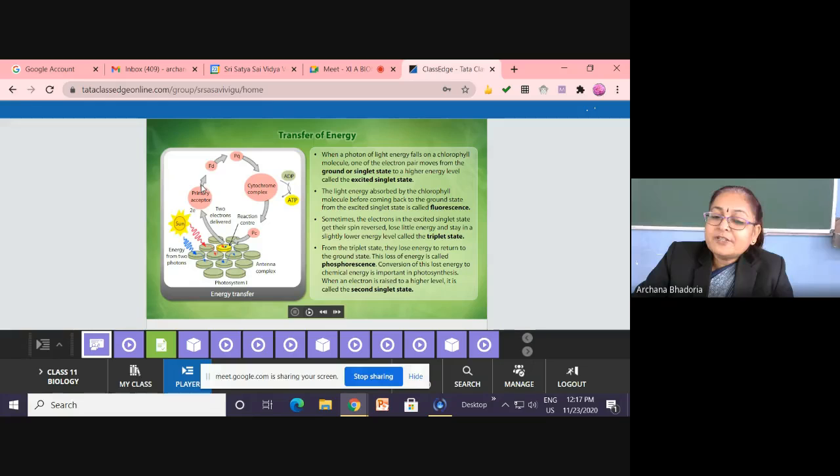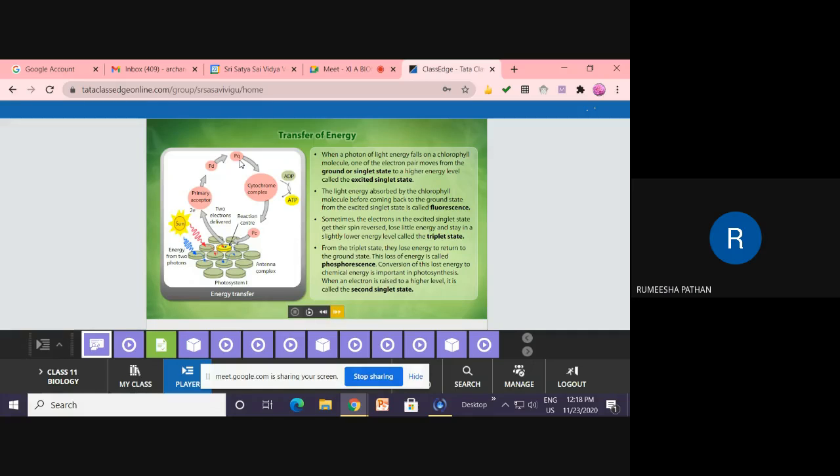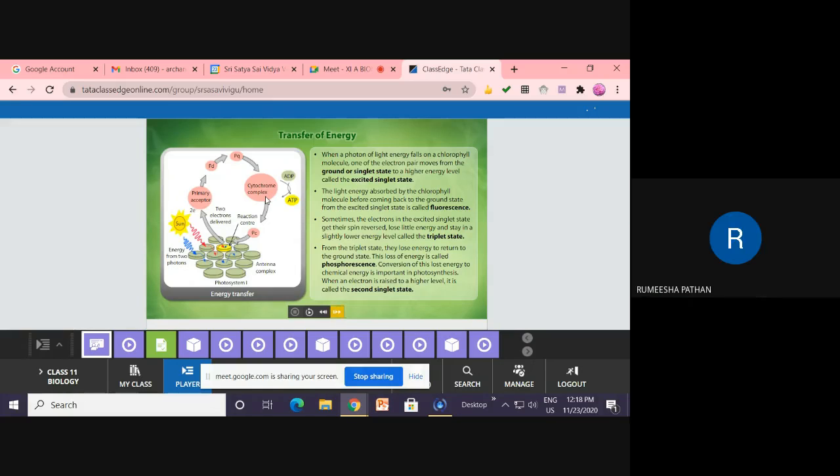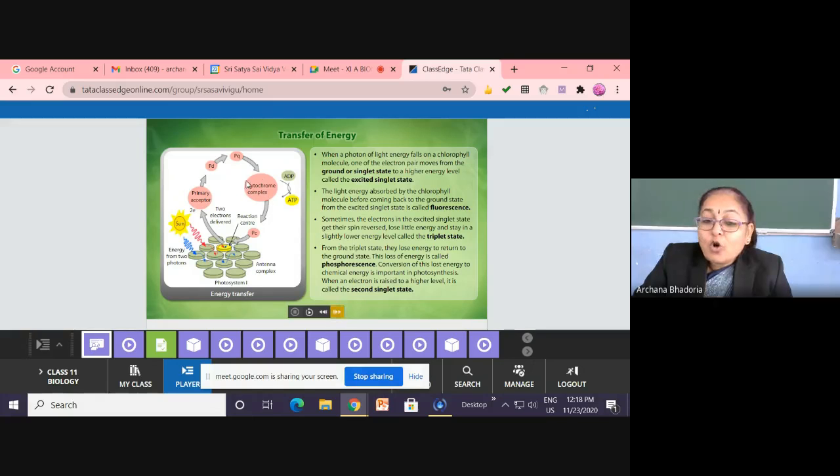The primary acceptor will transfer the electrons to ferredoxin. Ferredoxin in turn will transfer the electrons to PQ, plastoquinone. What is it? Plastoquinone. Then plastoquinone will transfer the electrons to cytochromes. Here the complex name is given because it will go to cytochrome b, cytochrome f, cytochrome a, so directly it is called a complex.